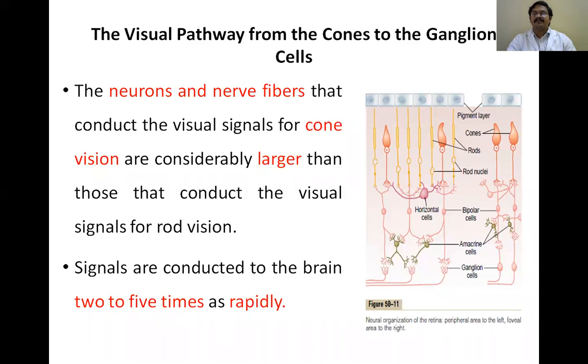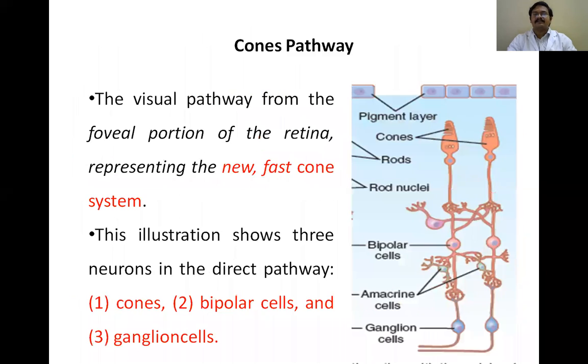The neurons and neural fibers from the cones are larger compared to those of the rods, and the conduction speed is also 2 to 5 times faster than the rods. Nerve fibers conducting the impulse from the cones are larger compared to those of the rods.